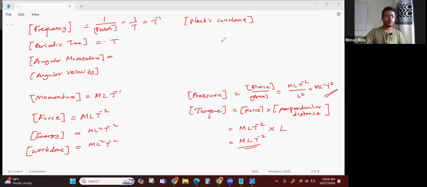Angular momentum. Angular momentum is given by L equals the moment of linear momentum, radius into linear momentum.